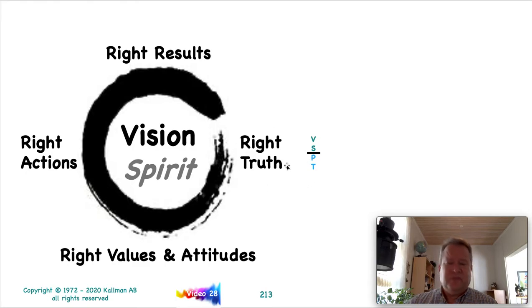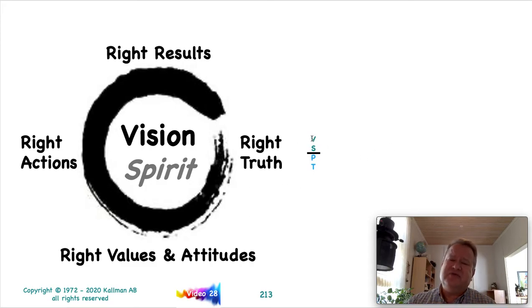Now, a way that you can sort of see if they have the right truth in the end is, what are the final results? If the results don't reflect what you would view as a right or good result, then we're going to show you on the next slide how to look at these things in reverse.